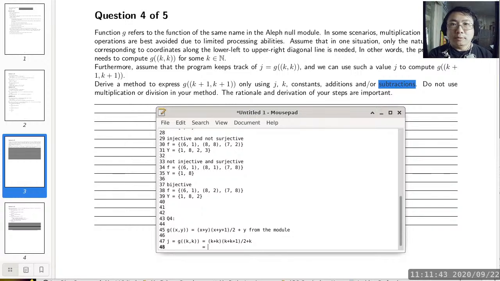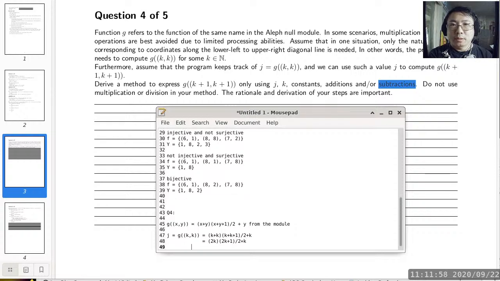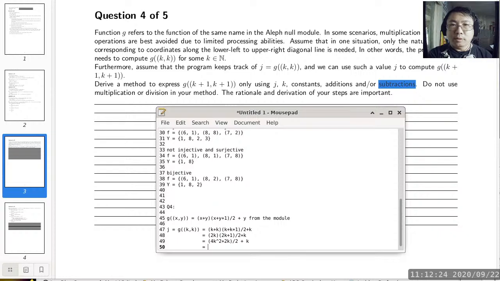So it doesn't hurt to simplify this a little bit, okay? So we'll go ahead and expand it. We got basically 2k times 2k plus 1, the whole thing divided by 2, and then plus k over here. And if you want to make it even more clear, then we got 4k squared plus 2k, and then put these in parentheses, divided by 2, plus k, and then we can simplify a little bit more.